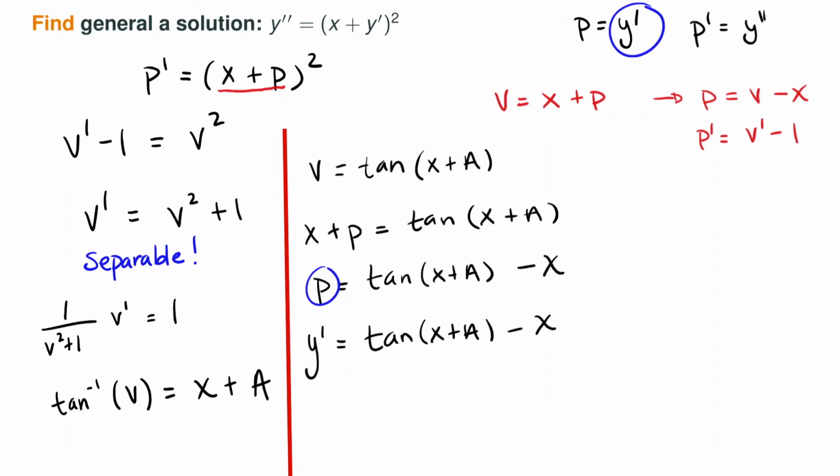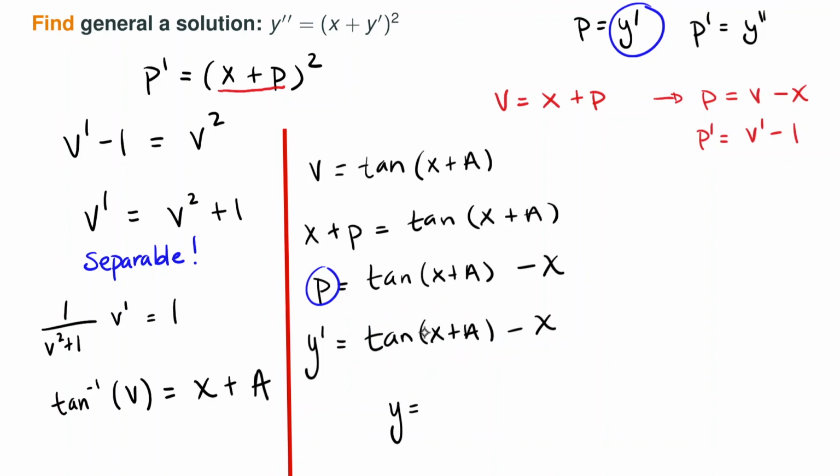So I could find the solution y by integrating both sides with respect to x. That'll give me y equals. Now here we'll need to recall back from Calc 2, the integral of tangent, especially our interior x plus a, even though we might use a u substitution, we know if we let u equal x plus a, du is just dx, so this will simplify.